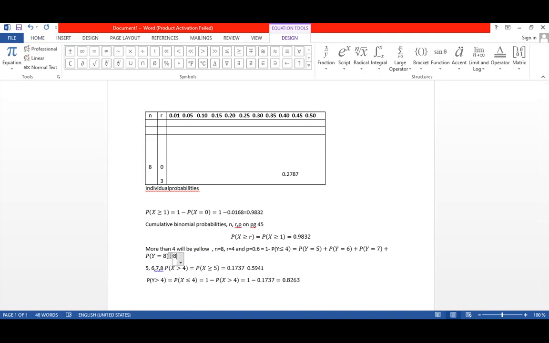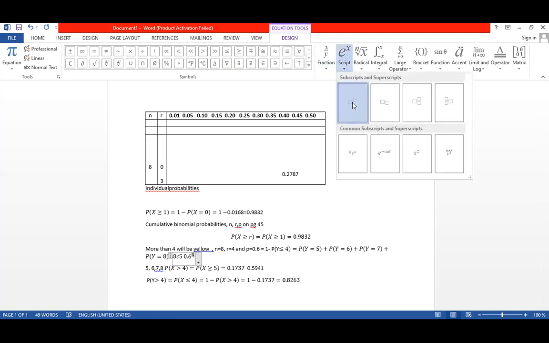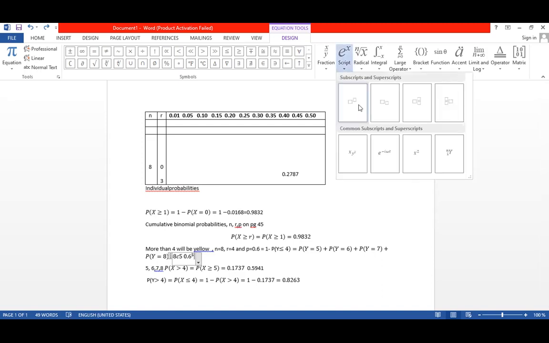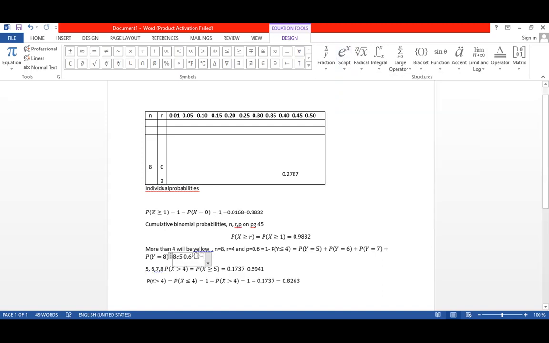Then you multiplied by 0.6 to the power 5, then times 0.4 to the power 3. This one is enough to demonstrate.